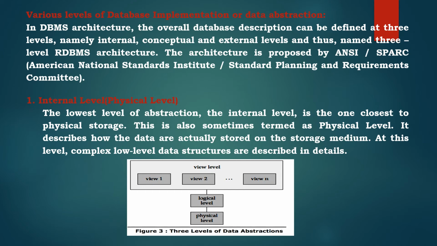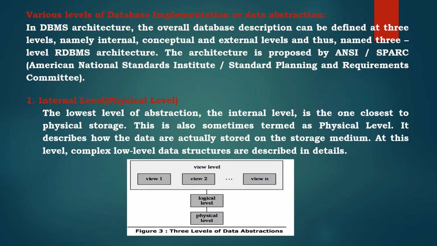Please remember, these abbreviations are important from the final exam point of view: SPARC and ANSI. RDBMS, Relational Database Management System. Internal level: this is the lowest level of abstraction. The internal level is the one closest to the physical storage media. This is also sometimes termed the physical level.